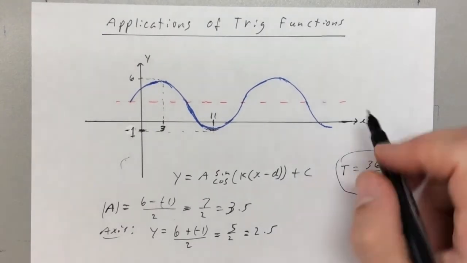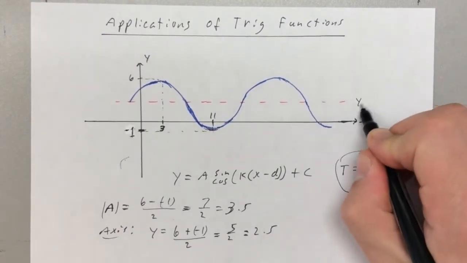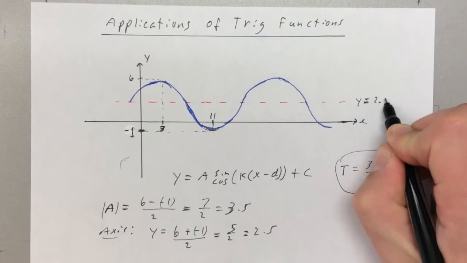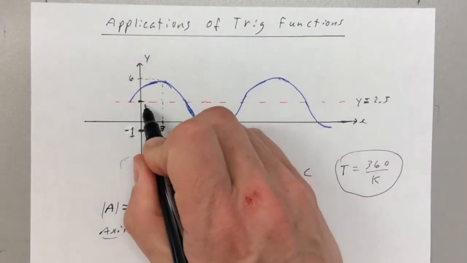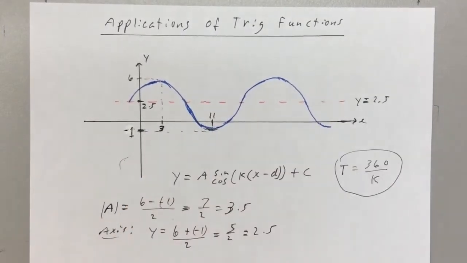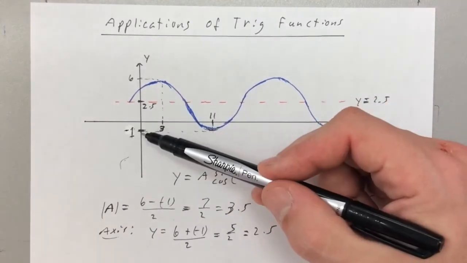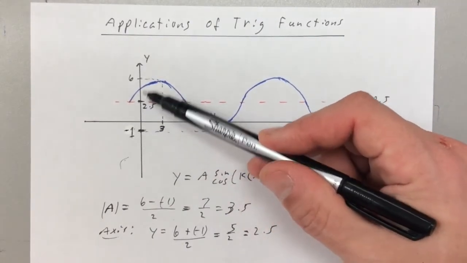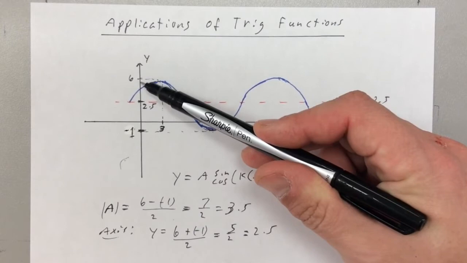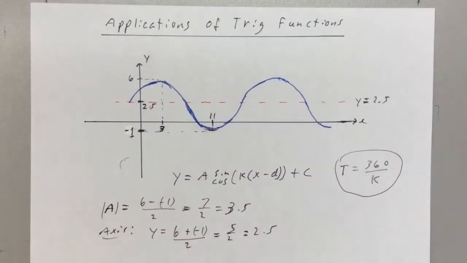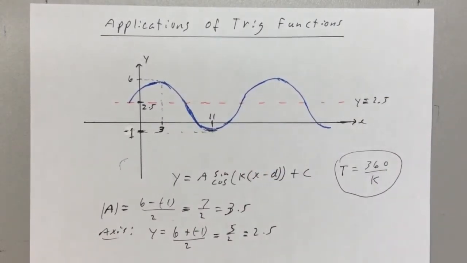Okay, so we know that this axis now is y equals 2.5, and that's where that is there. And that makes sense because if you go up 3.5 from -1, you get 2.5. Go down 3.5 from 6, you get 2.5. So it's right in the middle.